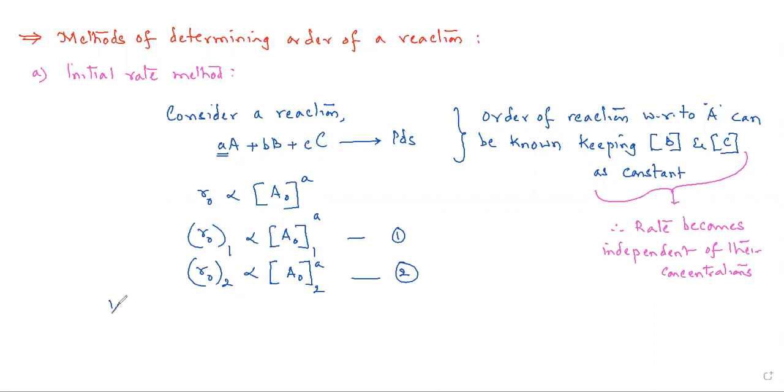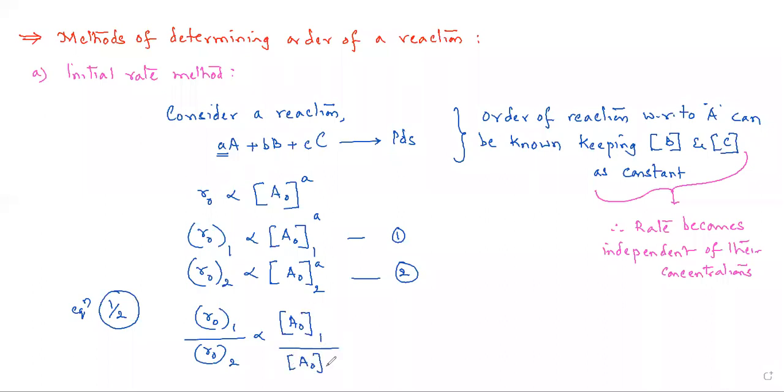Taking equation 1 by 2, R0 1 by R0 2 is directly proportional to A0 1 by A0 2 to the power a. Right? Now, the order with respect to A, small a, can be calculated taking logarithm.